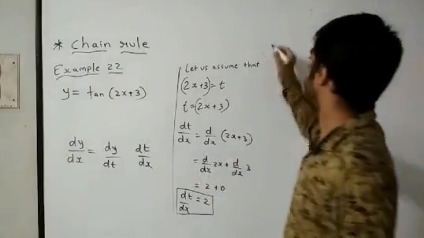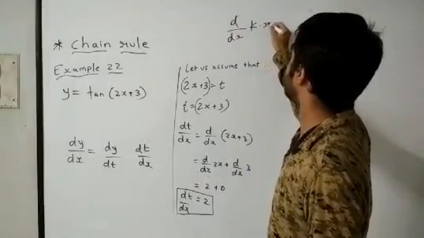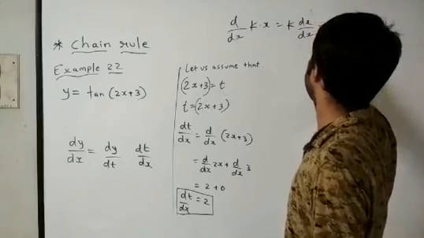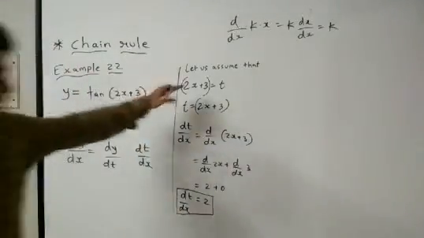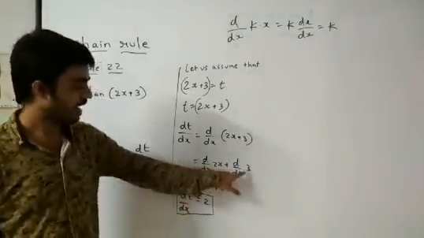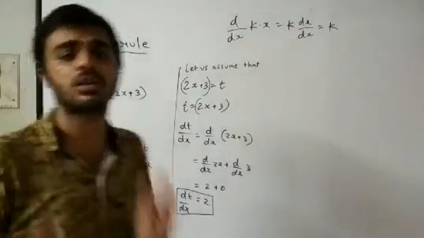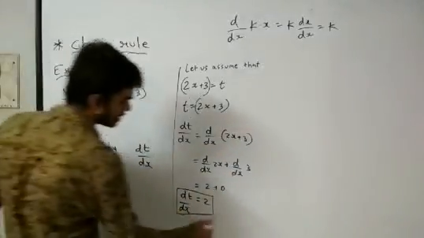Yesterday we did d by dx of k into x, where k is constant, dx by dx is the same, so the answer is k. Same way here, 2 is our answer. And the derivative of a constant number like 3, 5 or 7 is 0 only, so our answer is 2.